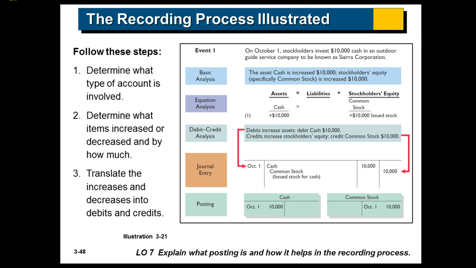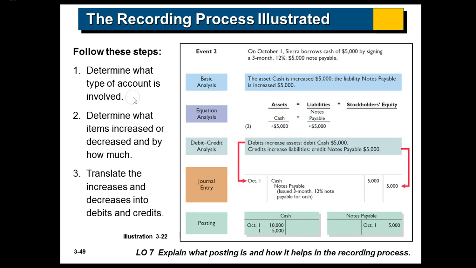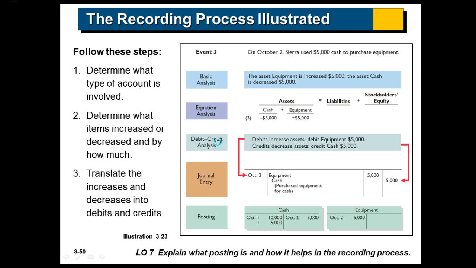So as you see, we have to analyze the transactions. We have to understand which accounts are involved, which ones we're going to increase and decrease, and which accounts are being affected. So really important to understand in this scenario, when Event 3, October, Sierra used $5,000 cash to purchase equipment. What's happening here?